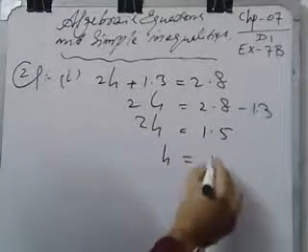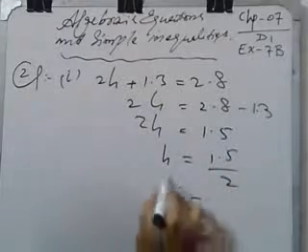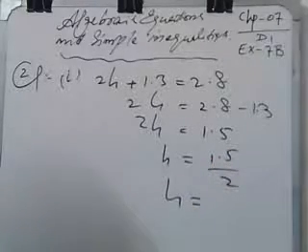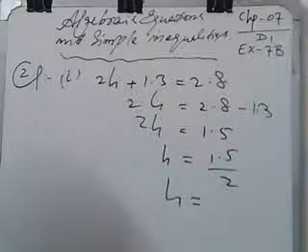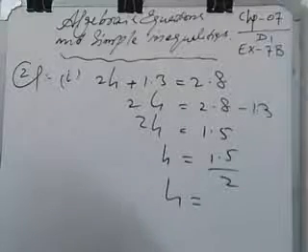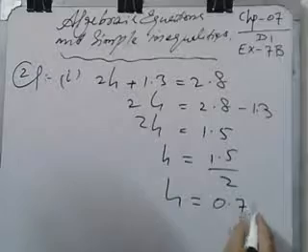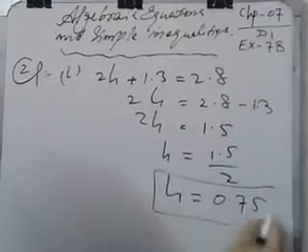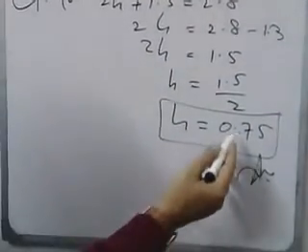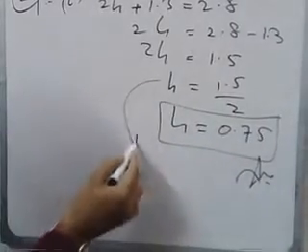The value of h is 1.5 by 2, and you can simply divide it, you will get 0.75.